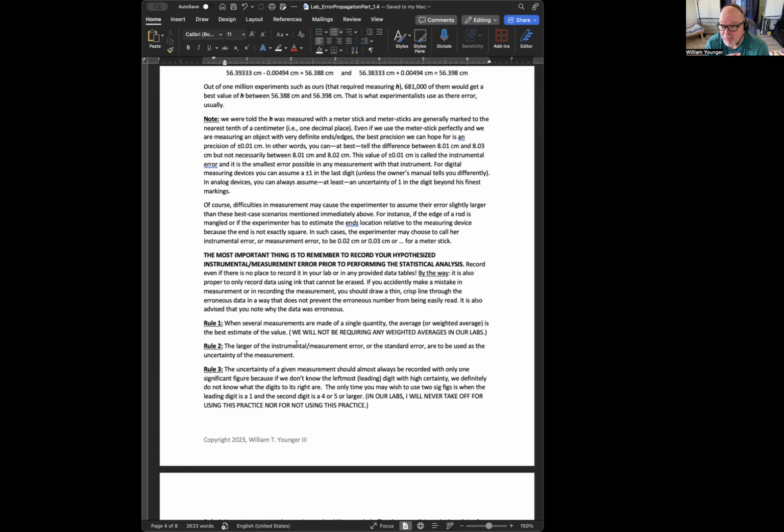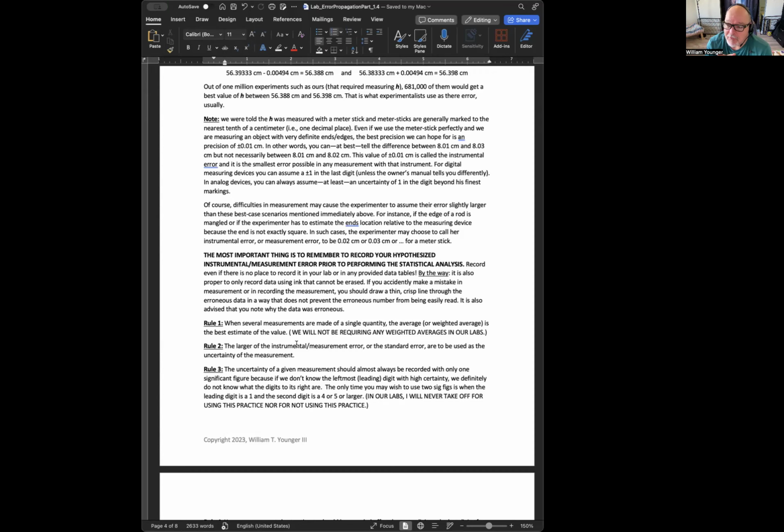So if you're measuring with a meter stick and you ever calculate a standard error that's less than 0.01, then you just wasted, I shouldn't say wasted, because you actually have to do it to be a good experimentalist, but you basically did a calculation that ultimately led to a result that you couldn't use. So if you got 0.008, then you can't call that 0.008. You have to call it 0.01 at best.